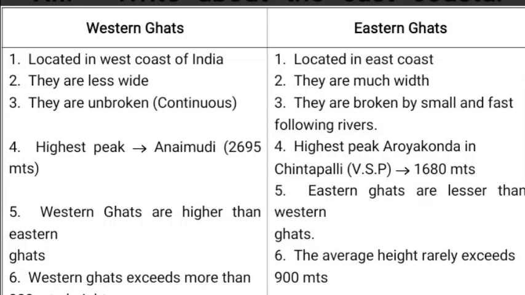Which is the highest peak in the Western Ghats? Yes, Anaimudi is the highest peak in the Western Ghats. It is 2695 meters. Similarly, which is the highest peak in the Eastern Ghats? Yes, Arma Konda is the highest peak in the Eastern Ghats, in Visakhapatnam, the Chintapalli region near Araku Valley. What is the height? 1680 meters.